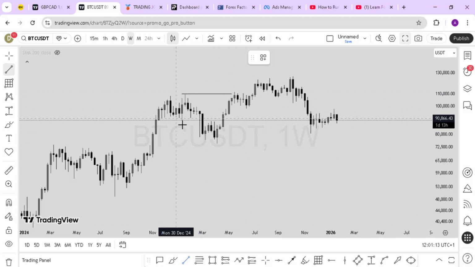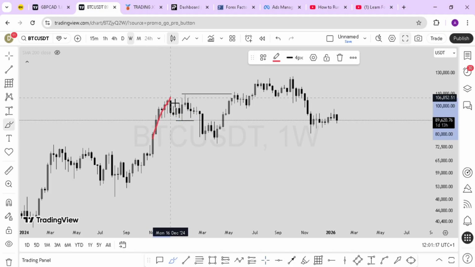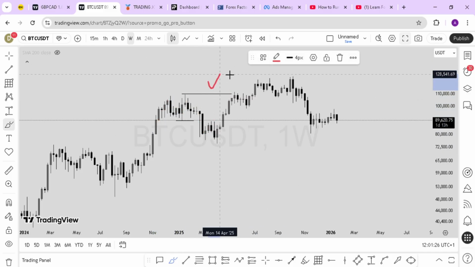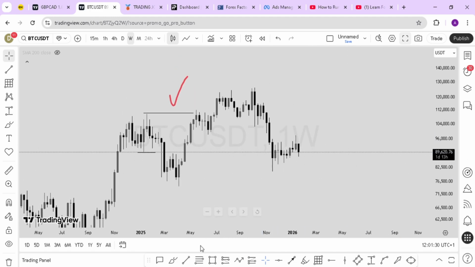And why is it the last structure? This is our last pullback. If you look at it closely, the market did this sweep high, then closed above. So this established that we have a weekly structure indeed. And you can see, when the market is going, the market gave us an impulse.